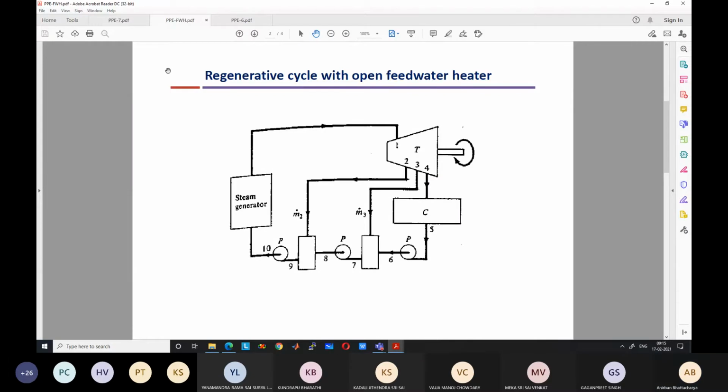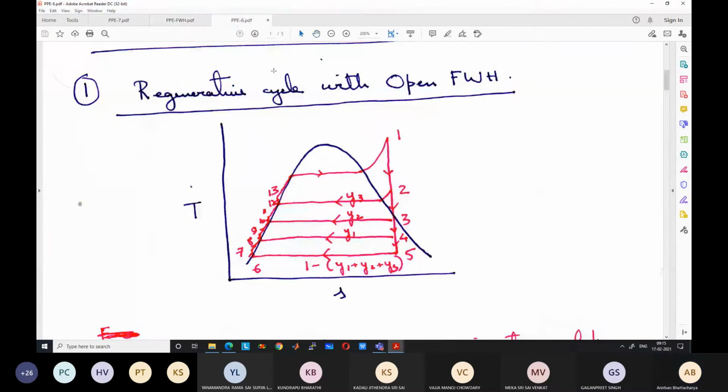Okay. If we see the TS diagram, here I have shown a cycle with 3 feed water heaters. So again the steam goes from the turbine, expands in the turbine up to state 2. There a small amount equal to Y3 is taken out. Then the rest of the steam expands to state 3.